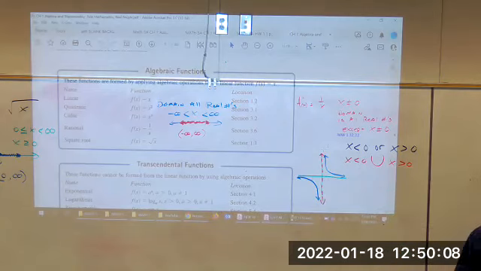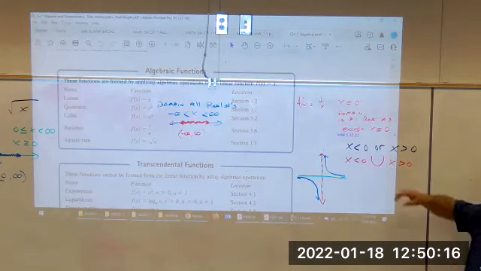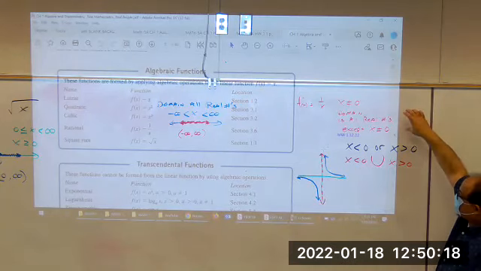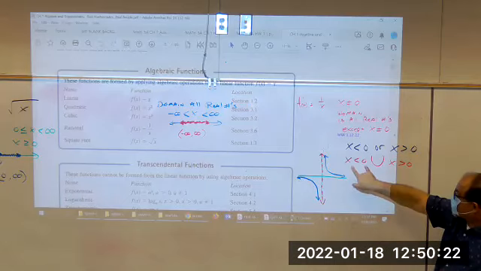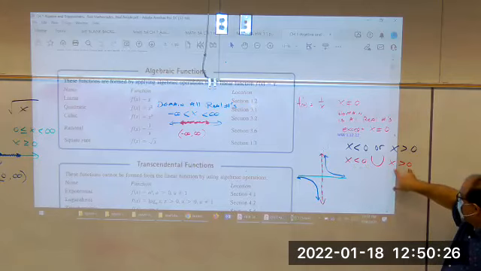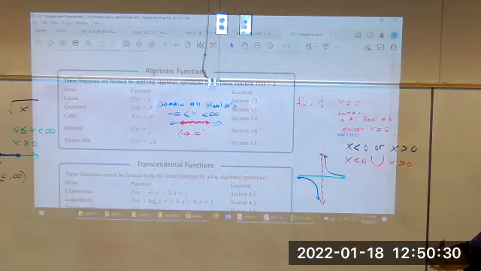So, okay, it's a U for union. But it also means or. When you're talking about sets, and that's what you have, this domain is a set. It's a set of all real numbers except 0 is not in it. It's a set of all x's that are less than 0, and the set of all numbers that are greater than 0. Union joins those two sets together.